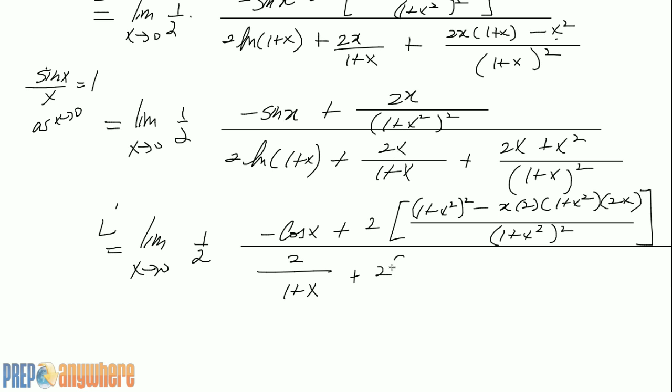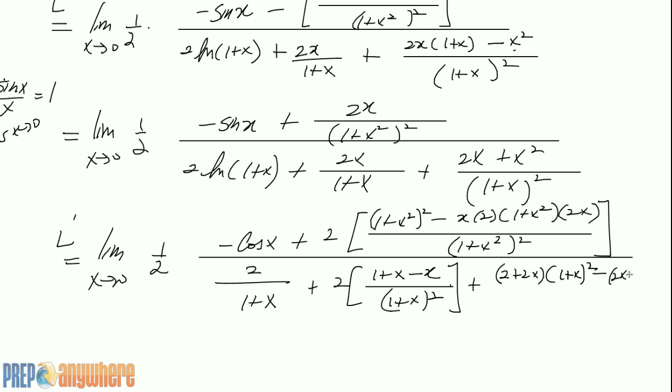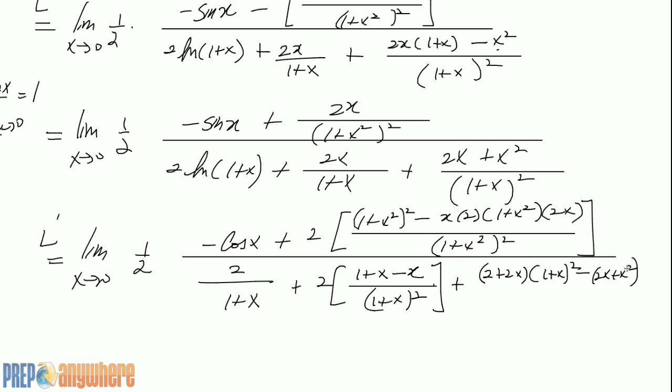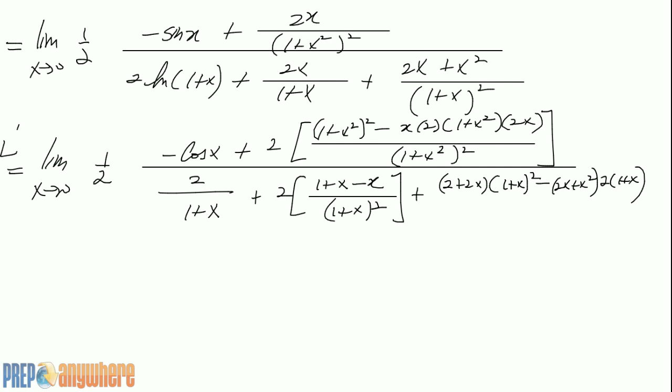Quotient rule, we get 1 plus x minus x. Lastly, differentiate the top, you get 2 plus 2x times 1 plus x squared minus 2x plus x squared. That's 2, 1 plus x. All bottom squared, so you get 1 plus x squared to the power of 4.